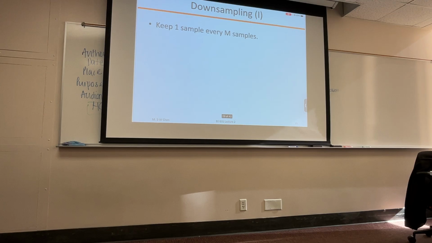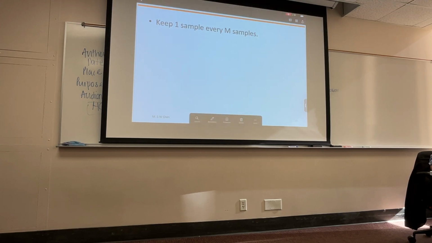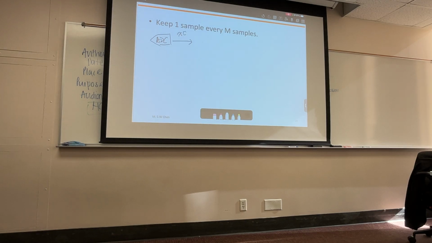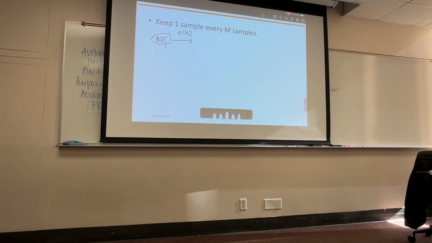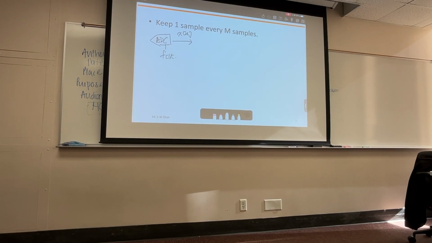So let's look at the scenario. Since we talk about A to D conversion. So let's say you have ADC and the output, you take all the sample x of n, and this ADC will be sampled at f clock.